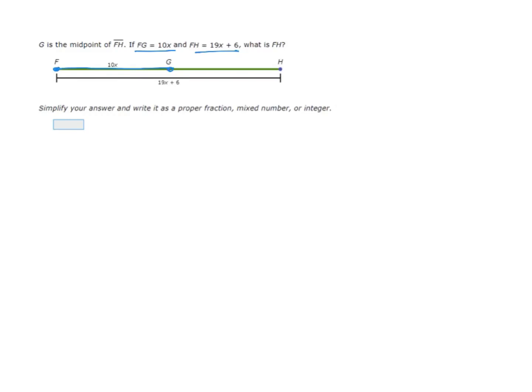I was explaining this to a student. If FG is 10x, let's just look at it from a number standpoint. If FG is 8, well, what is GH? Well, GH is 8. It's a midpoint, meaning these two distances have to be the same. So if FG is 10x and FG is equal to GH, this is like the transitive property, then GH is equal to 10x.